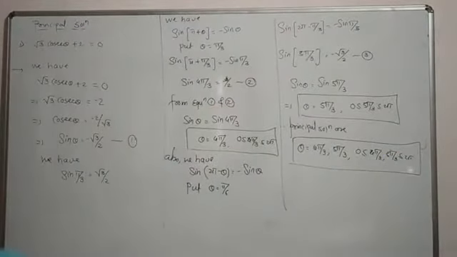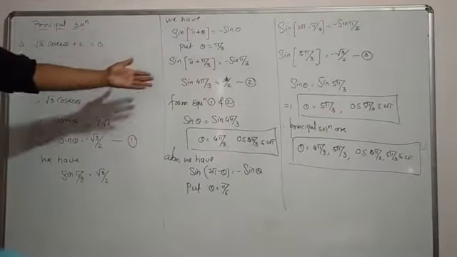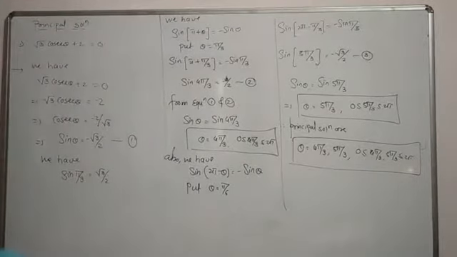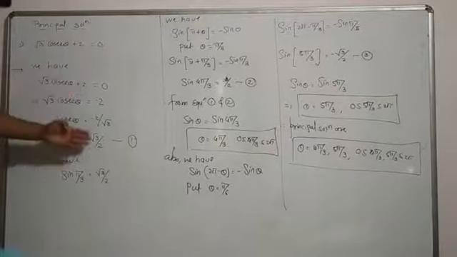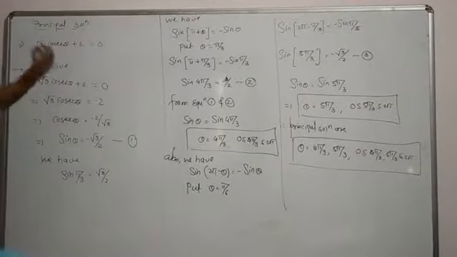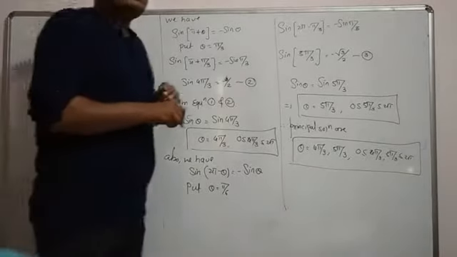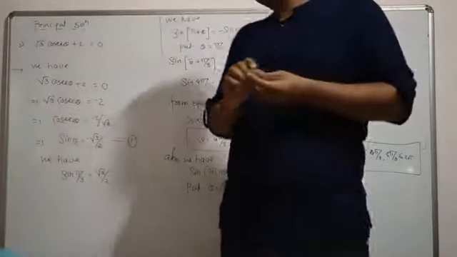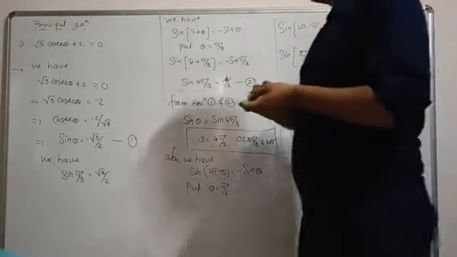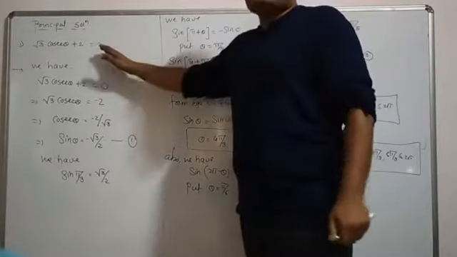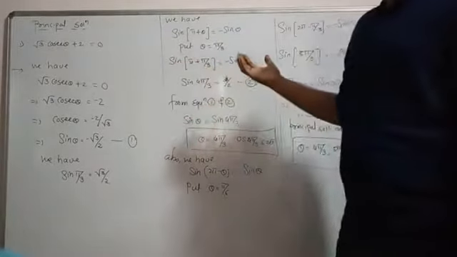Okay, so that is how we calculate the principal solution if you have RHS as negative, and in the example before this we had RHS as positive. So that is how we calculate the principal solutions for both, RHS positive and RHS negative.